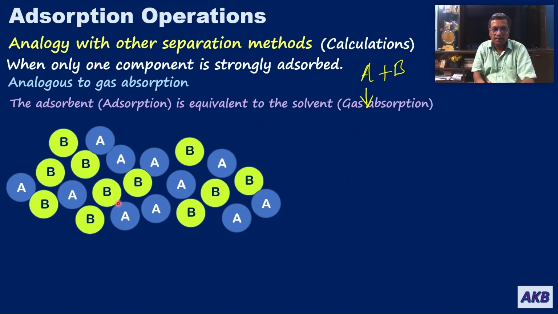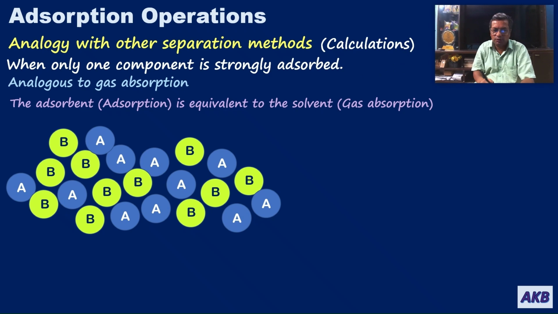Let us understand it with the help of a simple schematic diagram. Say, for example, you have this gaseous mixture of two components A and B, and as I said, only A is strongly adsorbed.